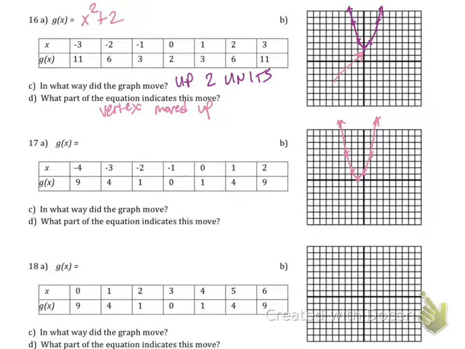So now I notice that it's shifted, moved to the left 1 unit. This is something that we're going to continue working on, but if it's moving to the left, it will look like this. What part of the equation indicates this move? We can say that the vertex moved left.